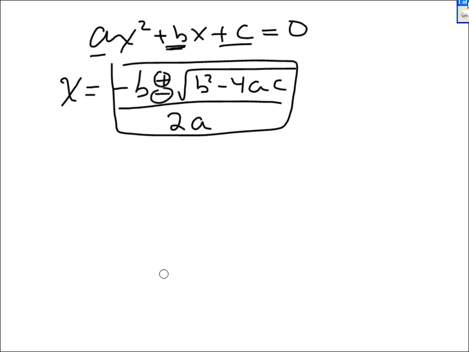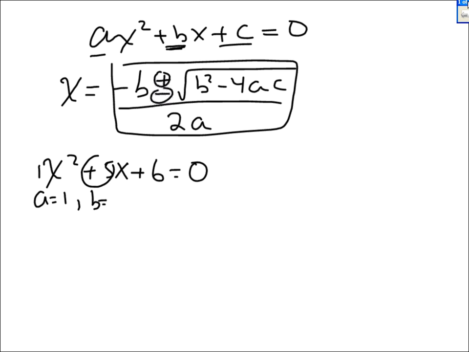Okay, so let us use this formula to solve the problem that we've seen 85 times already. This one: x squared plus 5x plus 6 equals 0. So a is the understood 1. b is the number that x is being multiplied by. And c is the constant.